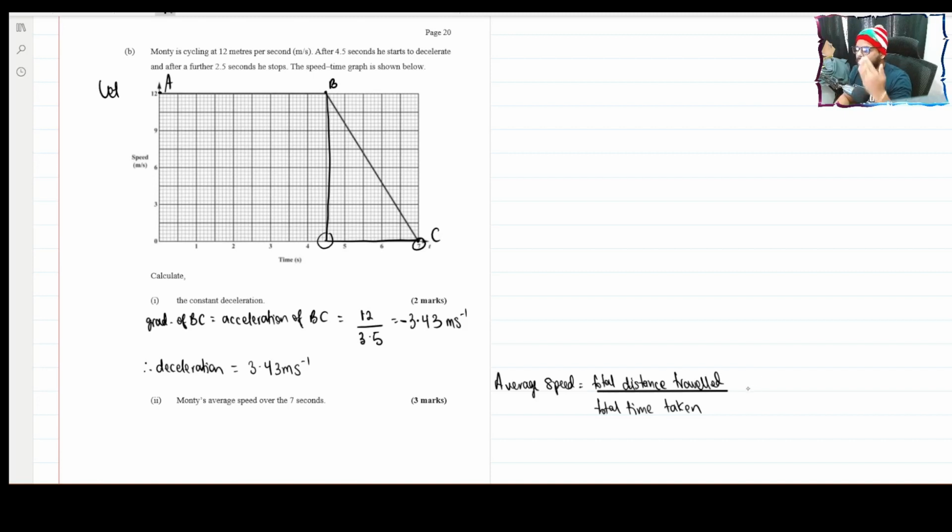The total distance traveled is going to be the area under the graph, and the total time taken looked like 7 seconds.